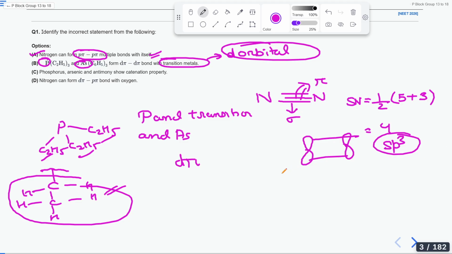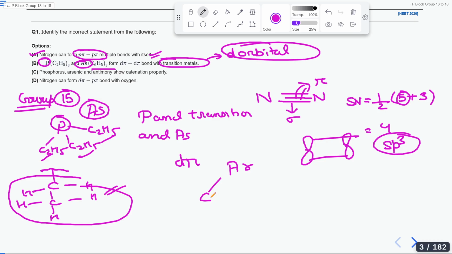Now, phosphorus and arsenic. They both are in the same group, which is group number 15. So for both of them, the number of valence electrons will be 5. And what about the surrounding atom? Here is your arsenic, and you have C6H5, which is your phenyl group.